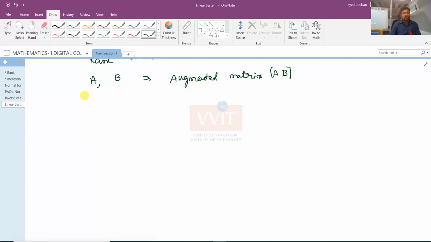Now I am comparing the ranks. If I define the augmented matrix as C, I compute the rank of C and the rank of A. Here the possibilities are like this: rank comparison.